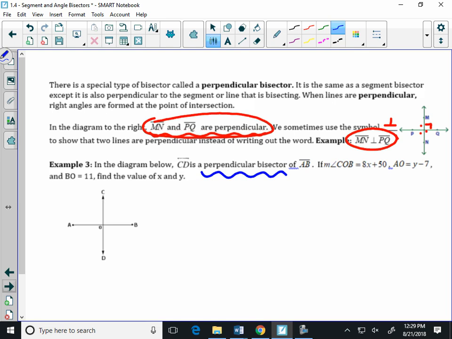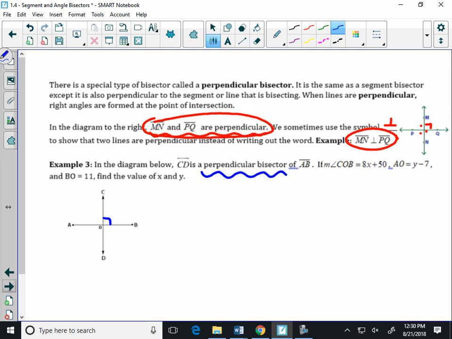So what two things do we know? The equation's going to be equal to 90? Well, you're two steps ahead of me. What do we know about this diagram? If we have a perpendicular bisector, what kind of angles are formed? Right angles. We know all four of these angles, this angle, this angle, this angle, that angle, are right angles because it's perpendicular.